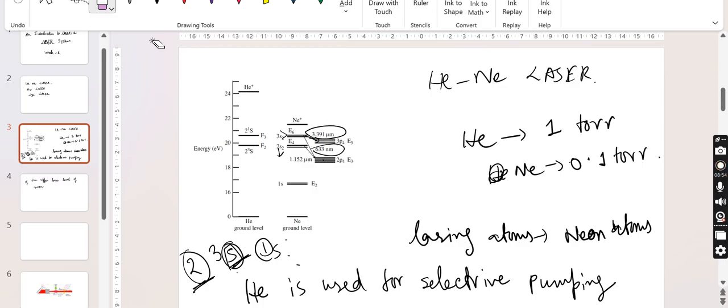So basically, helium atoms tend to accumulate at these two levels, F2 and F3, due to their long lifetimes. As E4 and E6 of the neon atoms have almost the same energy as F2 and F3, the excited helium atoms colliding with neon atoms in the ground state can excite the neon atoms to E4 and E6.